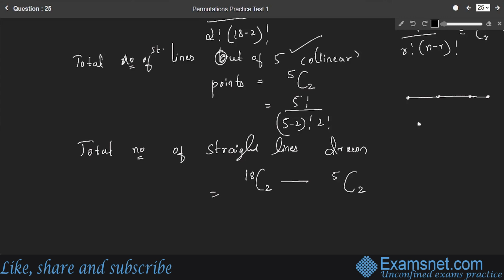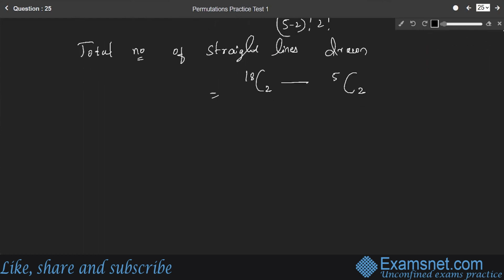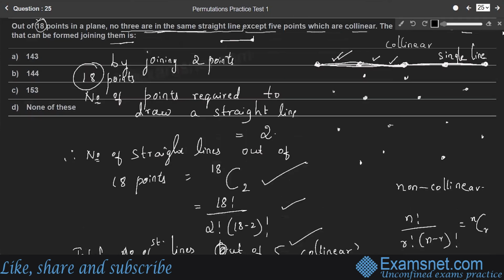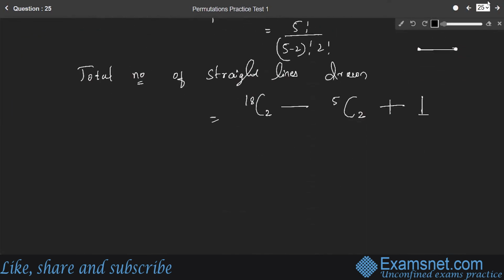Even we can draw by joining 2 points also, right? Therefore, just to avoid this part, we are subtracting 5C2 from 18C2 and plus 1 straight line can be drawn, right? Because by joining all these collinear points, first and the last point, you can get a straight line. Therefore, we have to add 1.